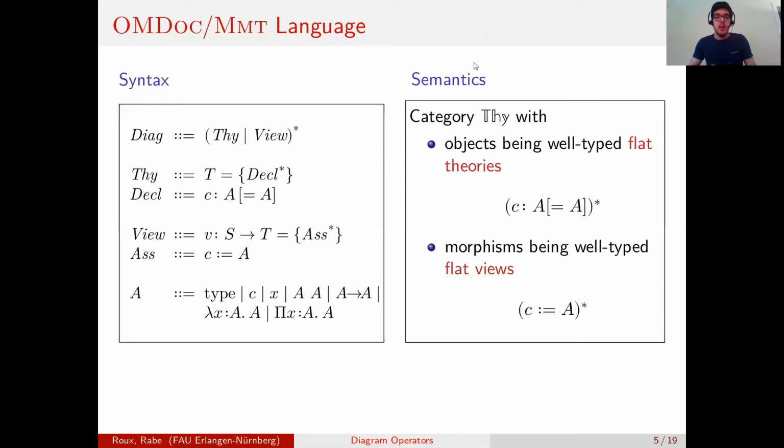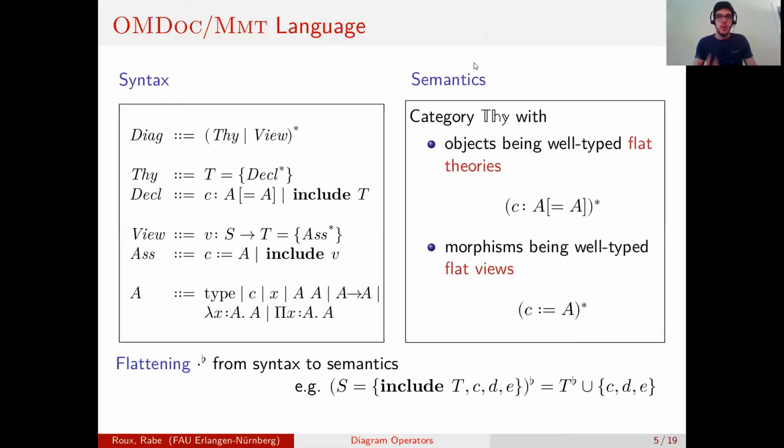Hence, let's add one simple modularity feature for our purposes, namely inclusions. So we can include other named theories, and now the interpretation from syntax to semantics actually gets interesting and is denoted by flattening.